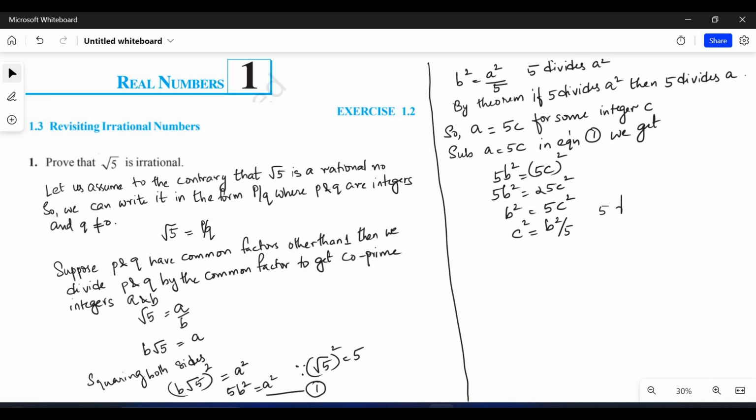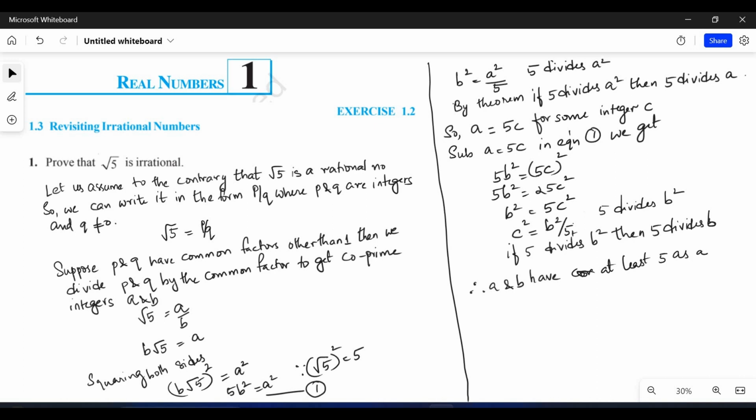So we can write 5 divides B square. Then by theorem, we can say if 5 divides B square, then 5 divides B. Therefore, A and B have at least 5 as a common factor, which contradicts the fact that A and B are co-primes.